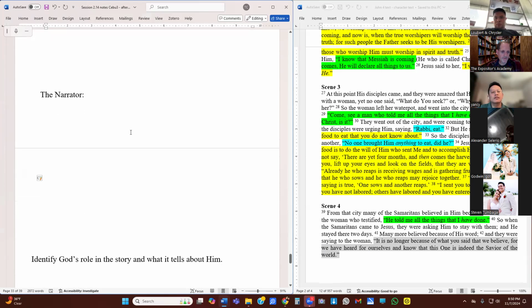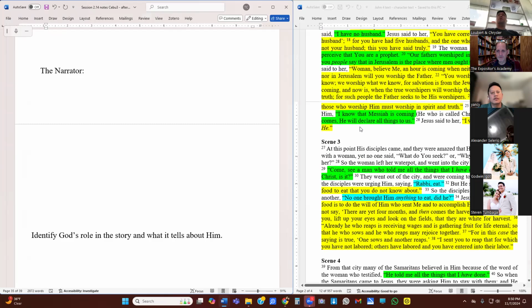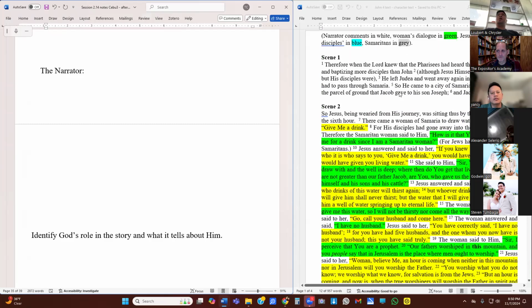And then finally, just focusing on the key narrator comments in the story. For example, verse 4, he had to pass through Samaria. Verse 9, the Jews have no dealings with Samaritans.